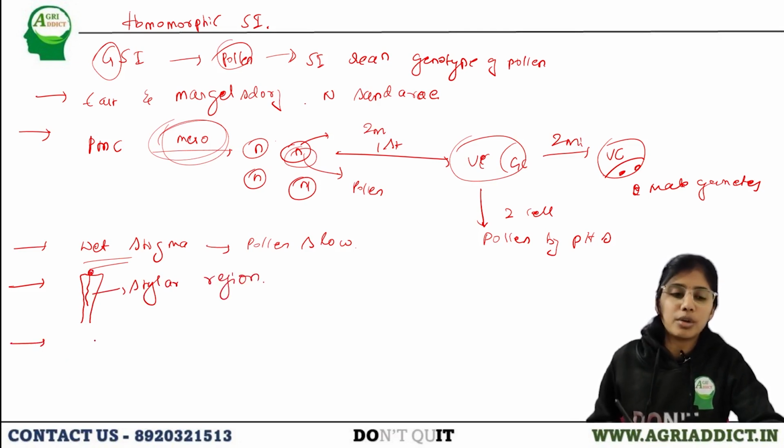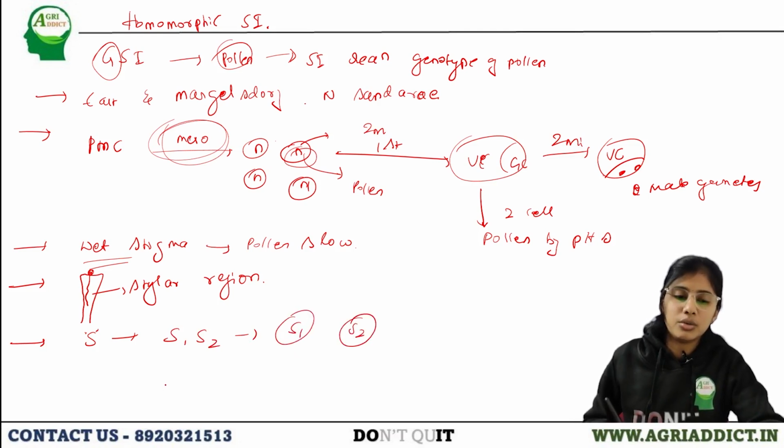So it will be controlled by the S alleles. Let us take an S1, S2 plant. So it produces pollen, that is S1 pollen and S2 pollen. What is the constitution of its style? S1, S2.